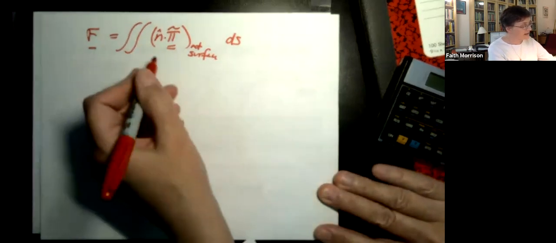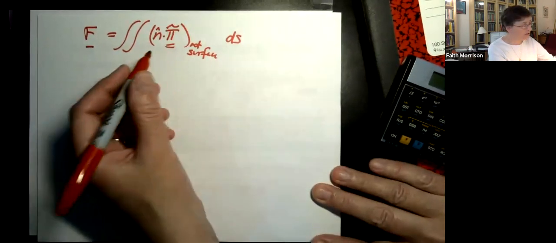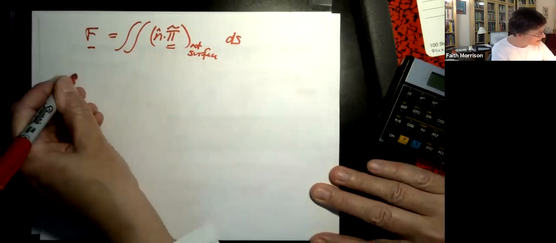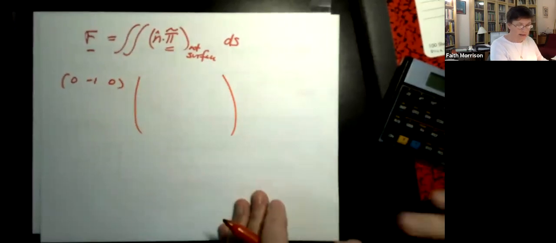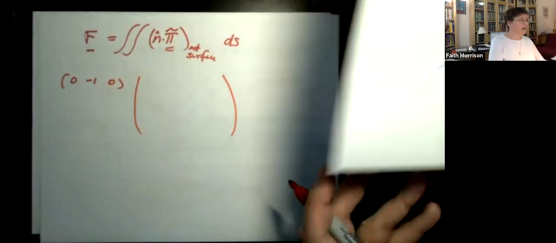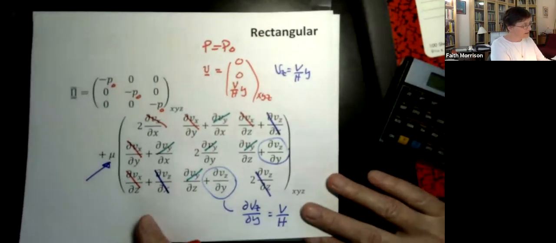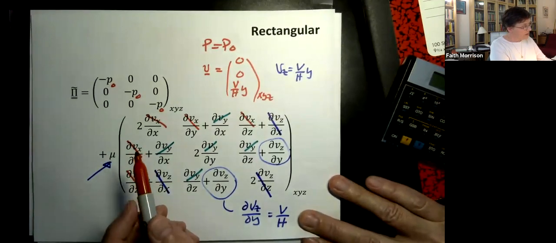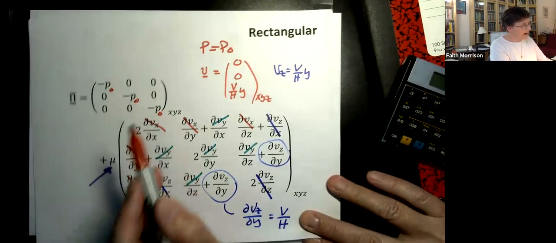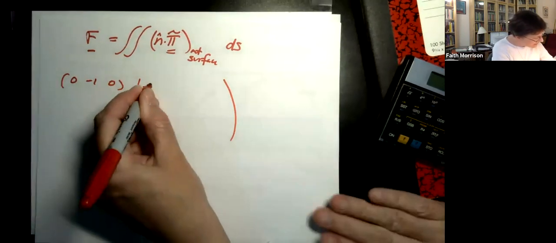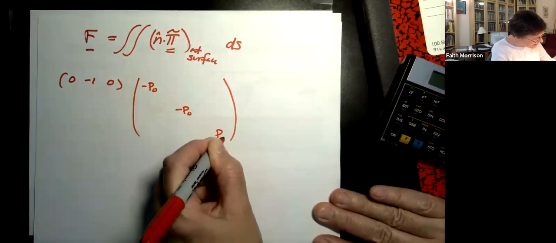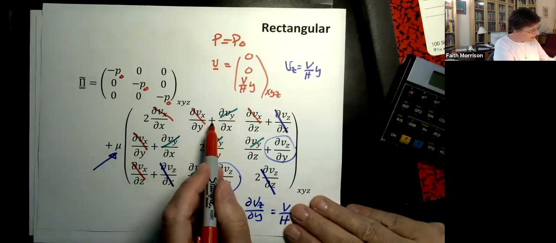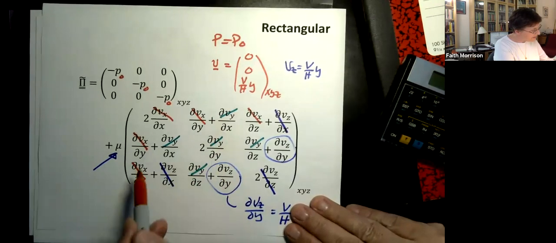All right, so let's carry out this little integral. So n was 0, minus 1, 0. And pi, okay, pi is this. And so there's going to be minus p naught down the diagonal. We add those to whatever else is there. And then these are 0, 0, 0, 0.